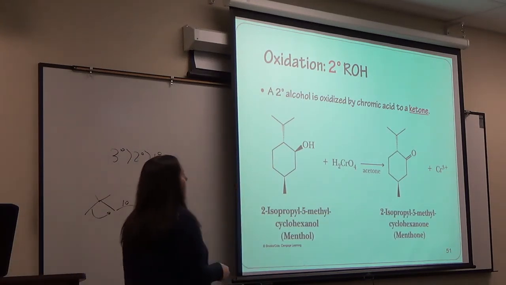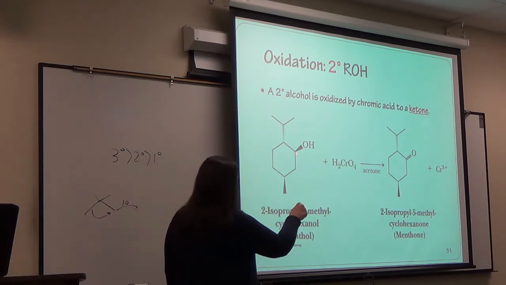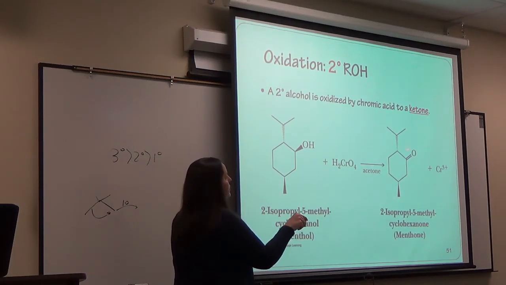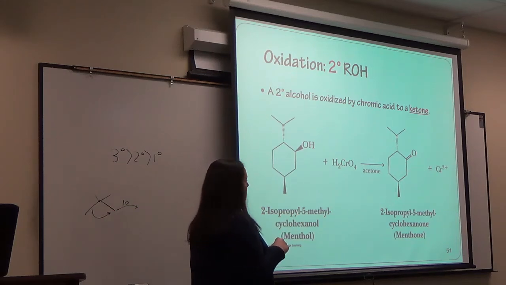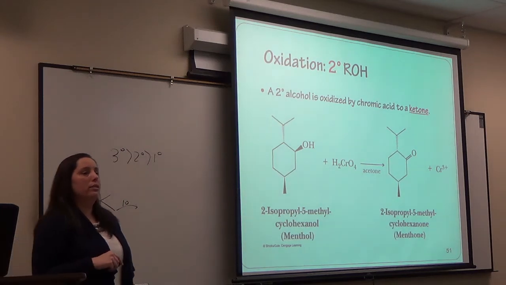For a secondary alcohol, if you use chromic acid, right? So now it's secondary, right? 2 carbons attached there, the carbon with the hydroxyl. You get the ketone, okay? Not the aldehyde, but the ketone. Now, can I get the carboxylic acid?